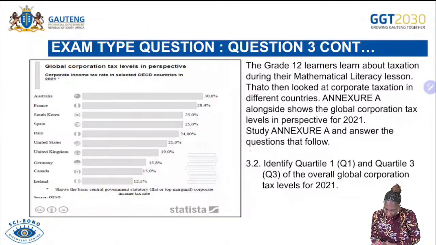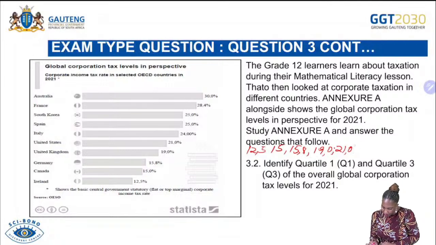Let me arrange it from here. It will be 12.5, 15, 15.8, 19, 19.0, 21, 21.0. These are percentages.